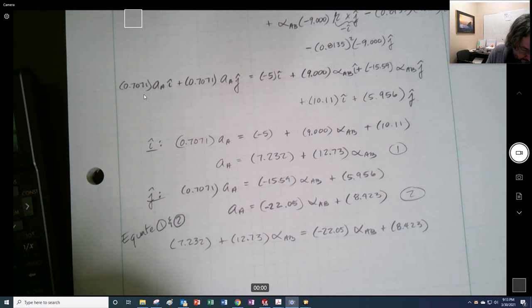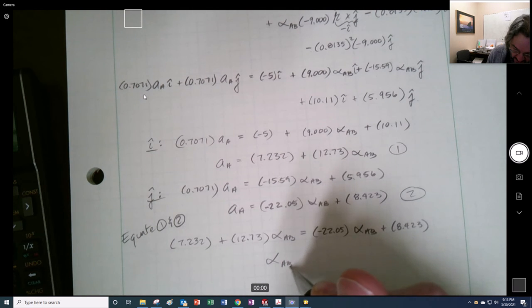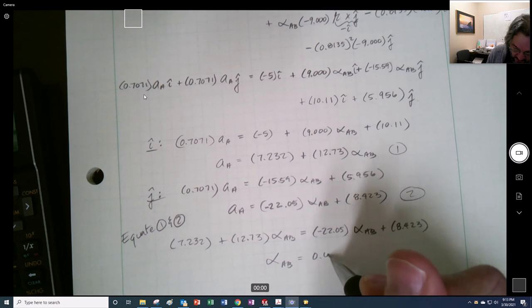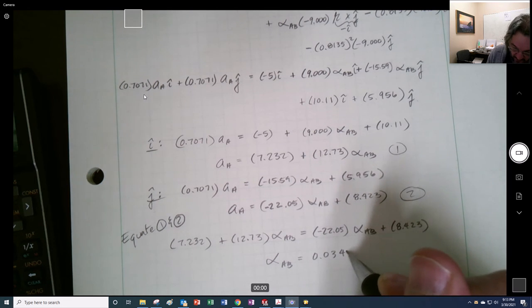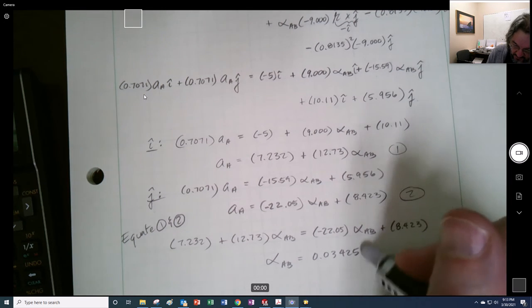Boom. And I'm going to divide, and I get an alpha AB equal to 0.03425 radians per second squared.